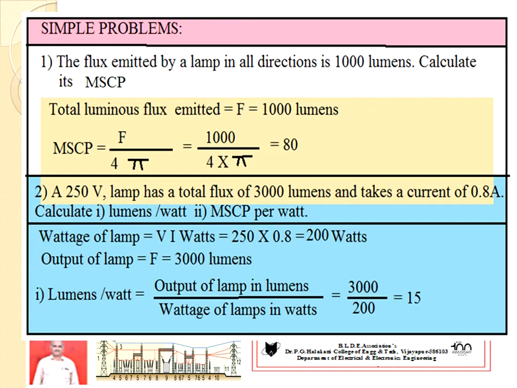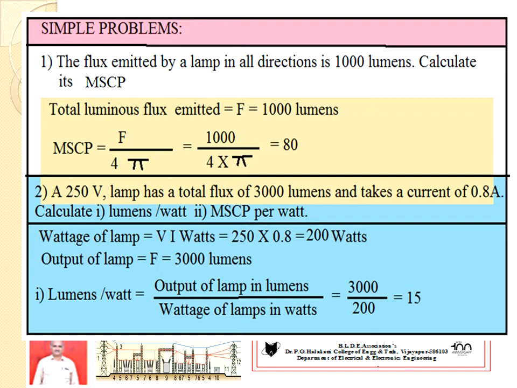Total luminous flux emitted equal to 1000 lumens, it is given. Hence, MSCP equal to F divided by 4 pi. F is total lumens, that is total lamp output, flux radiated, in lumens. 1000 lumens is given, divided by 4 pi. MSCP of lamp, it is 80.